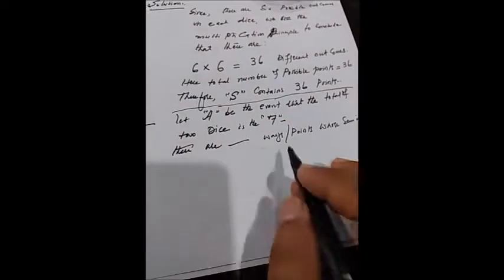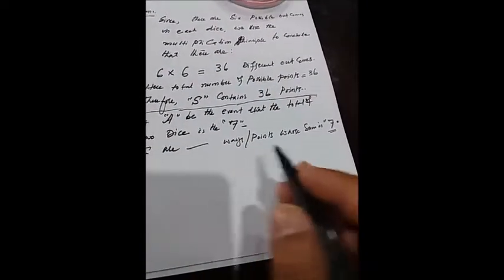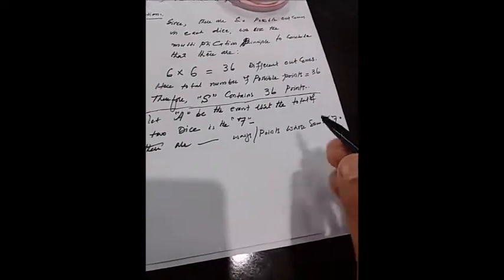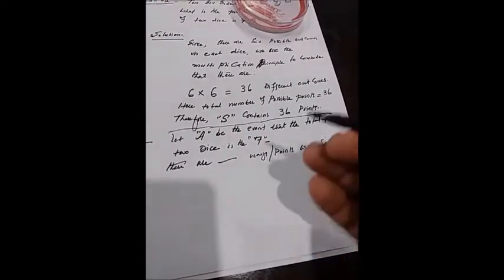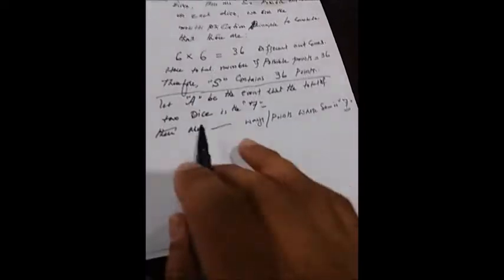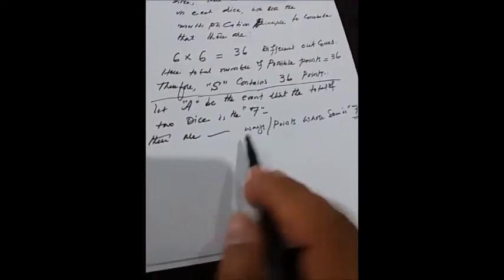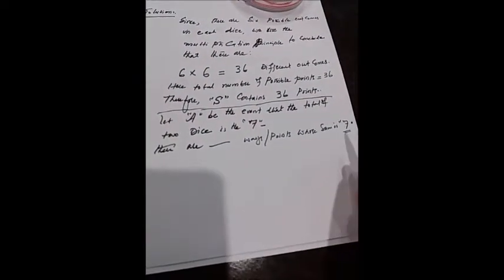We have to find out how many ways there are whose sum is 7, by which we get the number 7 by rolling two dice. We don't know this at this situation, so we have to find how many ways there are where the total sum is 7 by rolling the two dice.